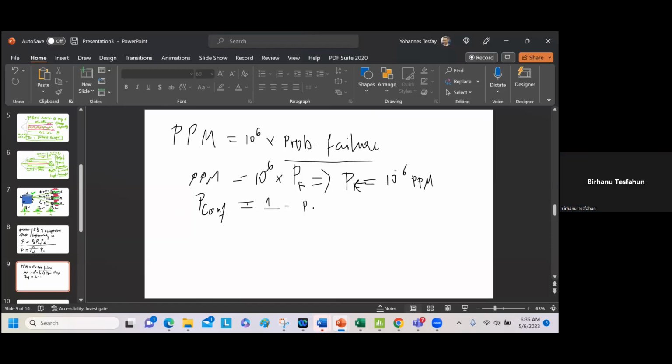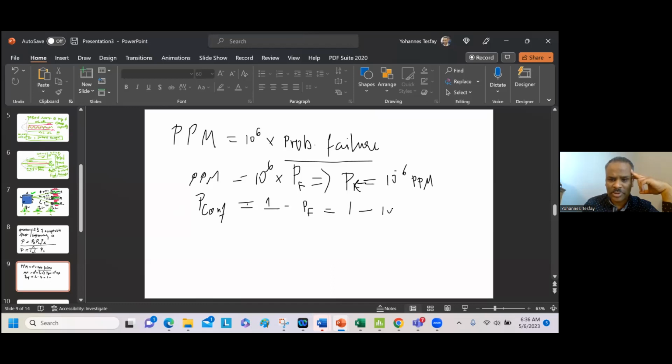And this equals 1 minus 10 to the power of minus 6 times ppm. So the probability of the I parameter's success is equal to 1 minus 10 to the power of minus 6 times ppm I, just like that.